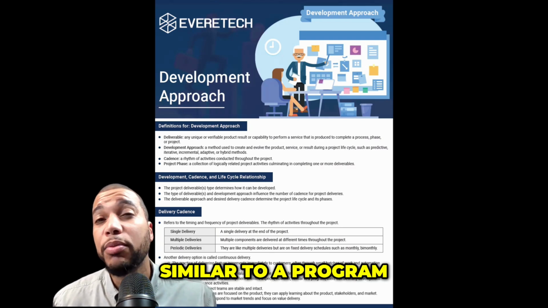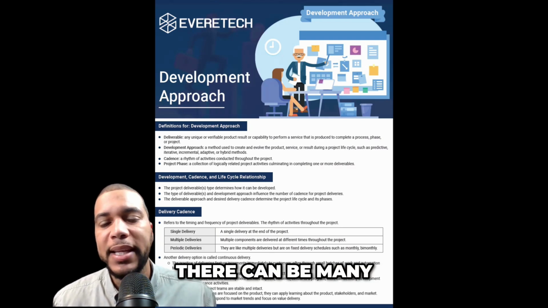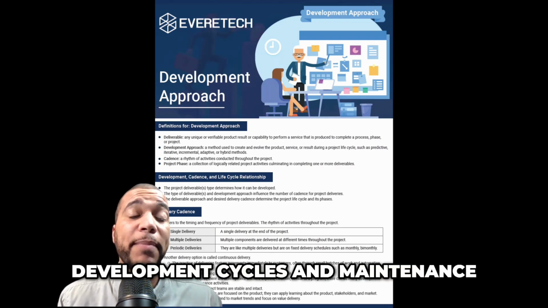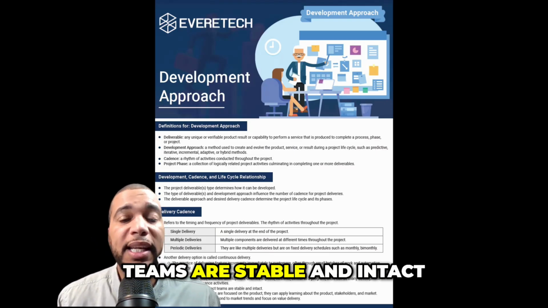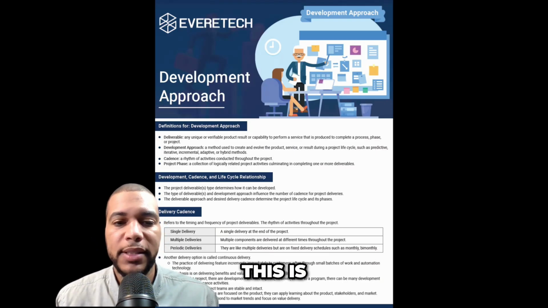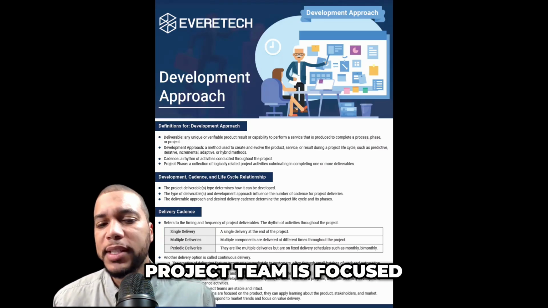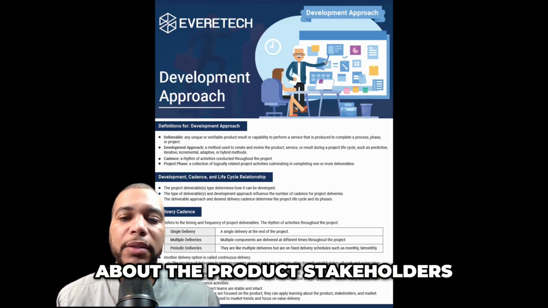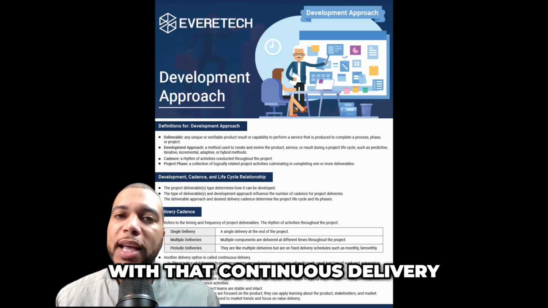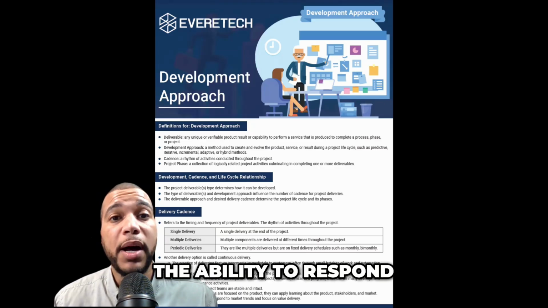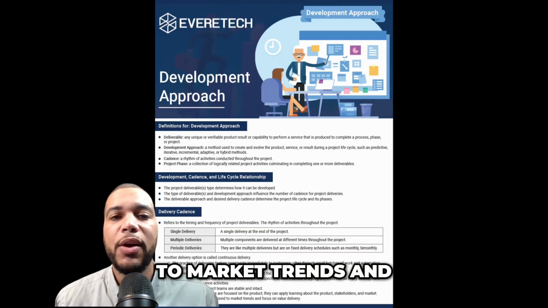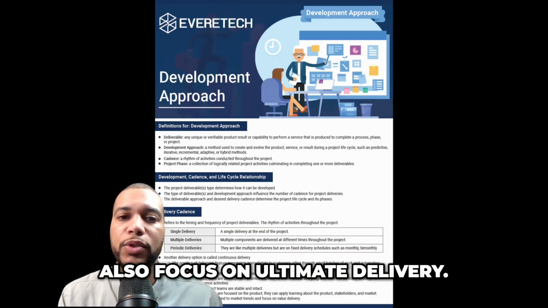However, similar to a program, there can be many development cycles and maintenance cycles as well. It works better when project teams are stable and intact. This is once again the continuous delivery. Because the project team is focused, they can apply learning about the product, stakeholders, and also the market with that continuous delivery. This allows the team the ability to respond to market trends and also focus on ultimate delivery.